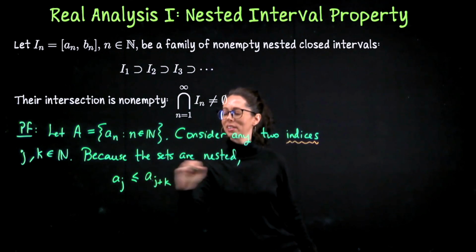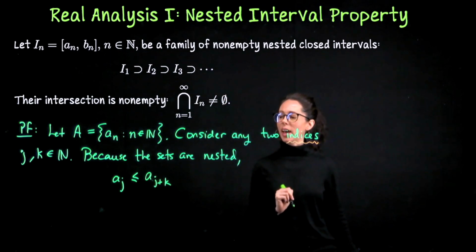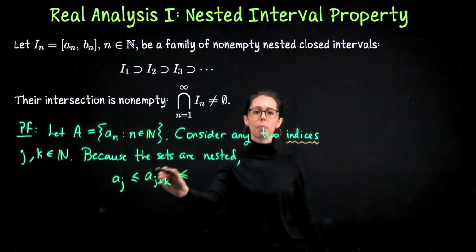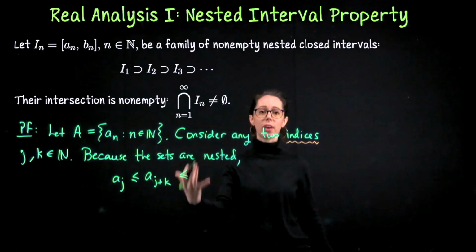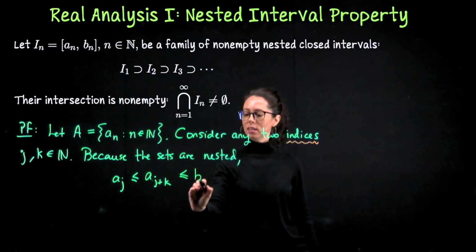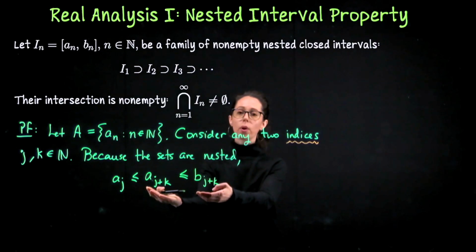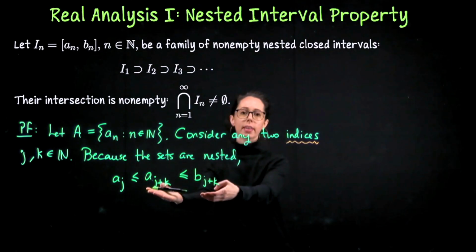And then that is a new left endpoint, so it is less than or equal to its corresponding right endpoint for the j plus k interval. So this pairing here forms endpoints for I sub j plus k.